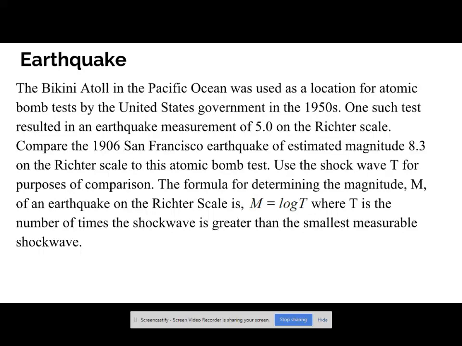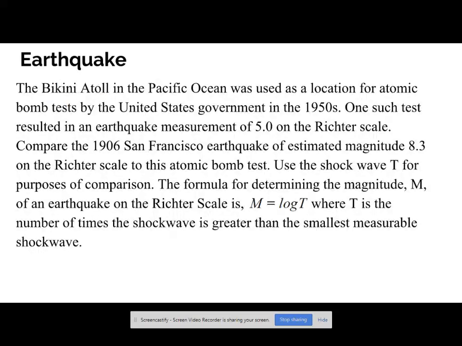And we're going to try and compare these because it appears that the San Francisco earthquake was 3.3 bigger, not times bigger, but 3.3 bigger, whatever that means on the Richter scale. We're going to try and figure out how that really shows up.